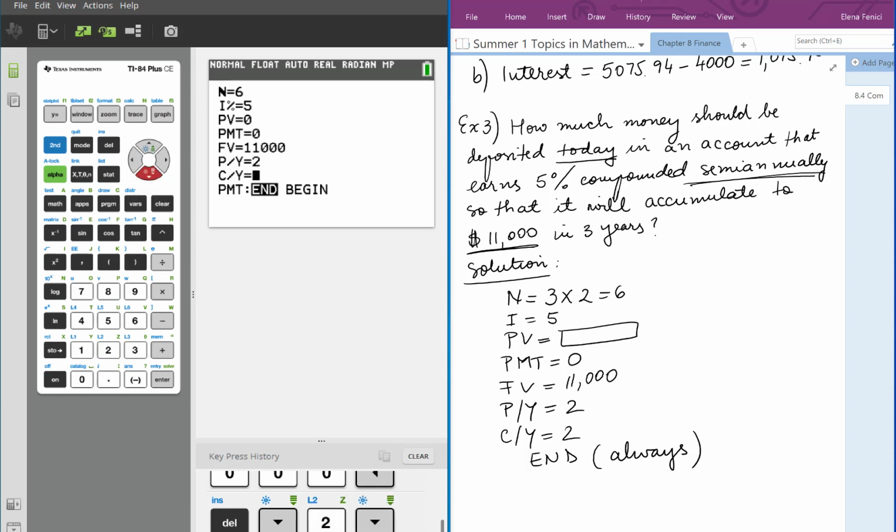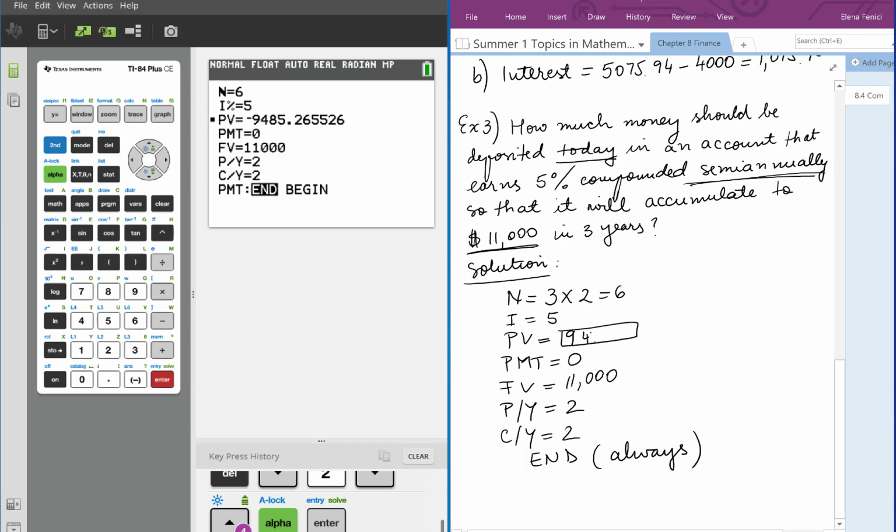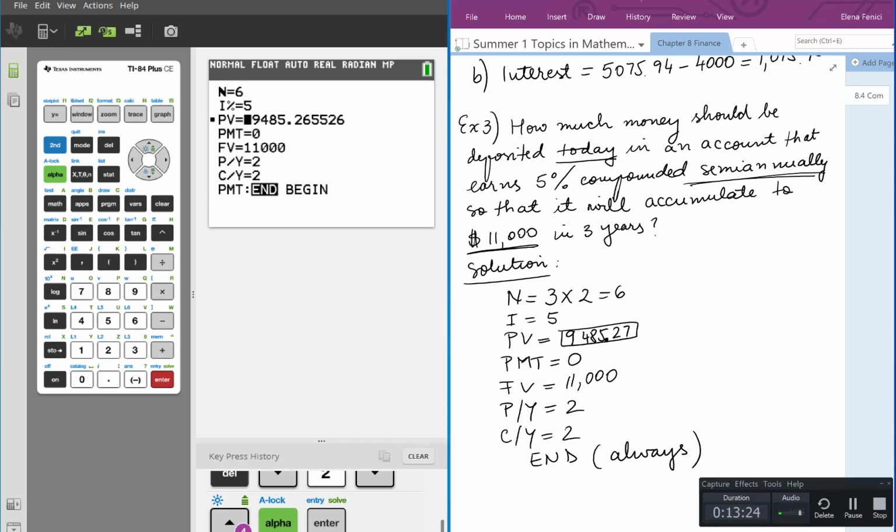And then this one changes to 2 automatically. What do I want? Present value. So I go to present value and I press alpha, enter, and we get 9,485.27. This is how much money you should have today so that it will accumulate to 11,000.